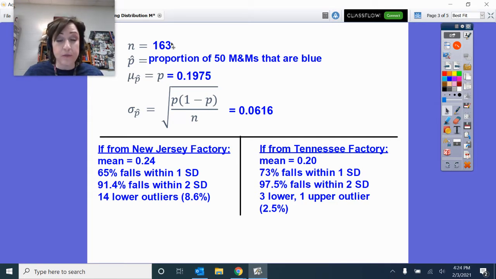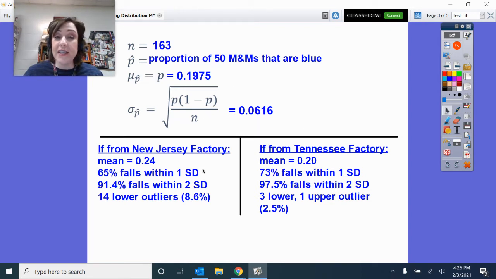I put it in the calculator, all 163 samples, and so our average of all of our p hats, look at that, averaged 0.1975. So pretty darn close to 20%, with a standard deviation of 0.0616. So right where theoretically we would expect it to be.